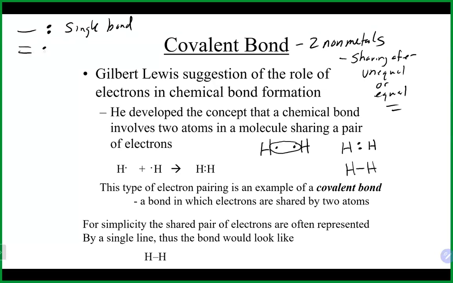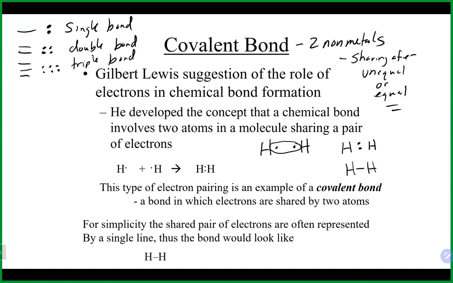2 lines represent 4 total electrons or 2 pairs of electrons, a double bond. 3 lines represent a triple bond, or 6 electrons, 3 pairs of electrons. As we'll talk about, in some cases it's necessary to double bond to get everybody happy in terms of the electrons.